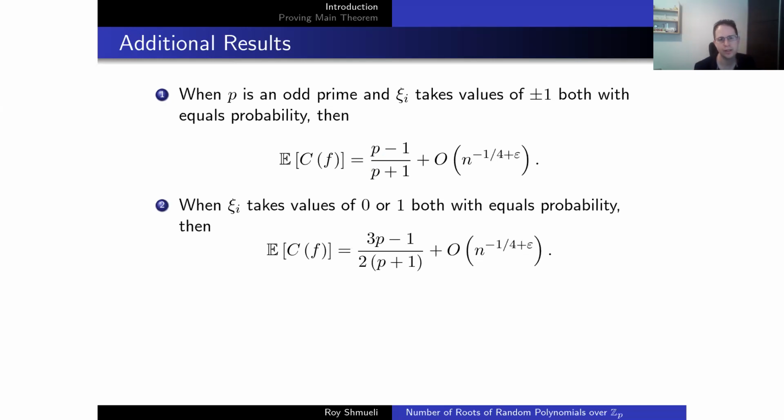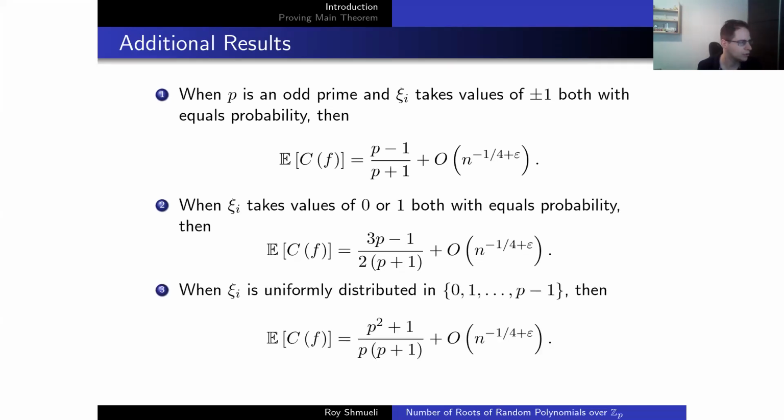If the coefficients are 0 or 1, both with equal probability, then we have an expression for the number of roots with an error term, and we also have an expression if the coefficients are distributed uniformly from 1 to p minus 1.